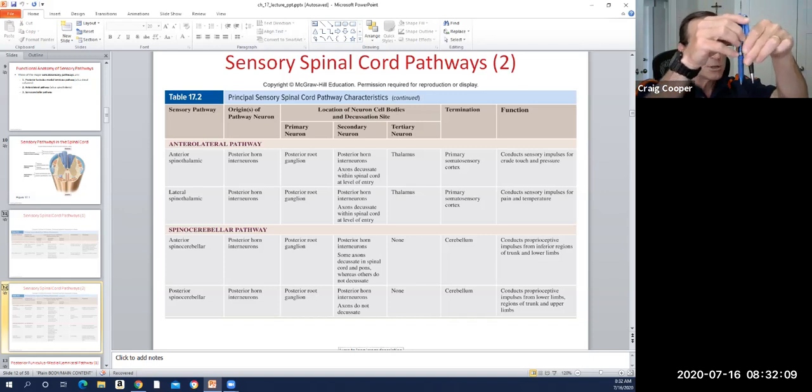So we'll gradually move those points further apart and touch down, and at some point, the person will recognize, oh yeah, now I feel 2 things touching me. Well, 2 things were touching them the whole time, but they couldn't discriminate that. So that's an example of discriminating touch.